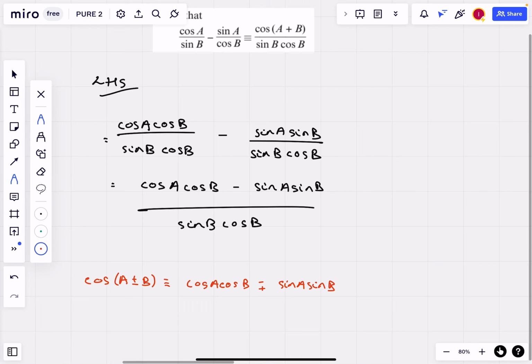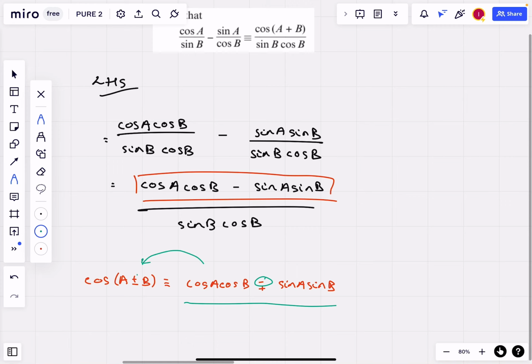That can be applied to our numerator. If you notice, it's got the same format as our right hand side of the addition formula with a negative, which means if we put it into brackets, it's going to be a bracket with a positive. So this becomes cos A plus B all over sine B cos B. And there we go. That's our right hand side. So we've proved it.